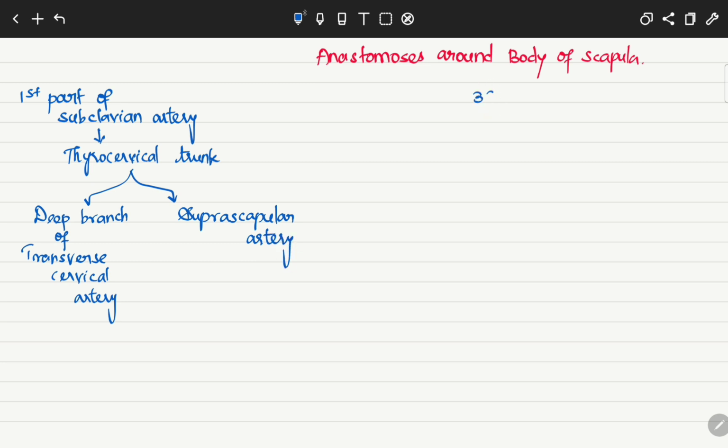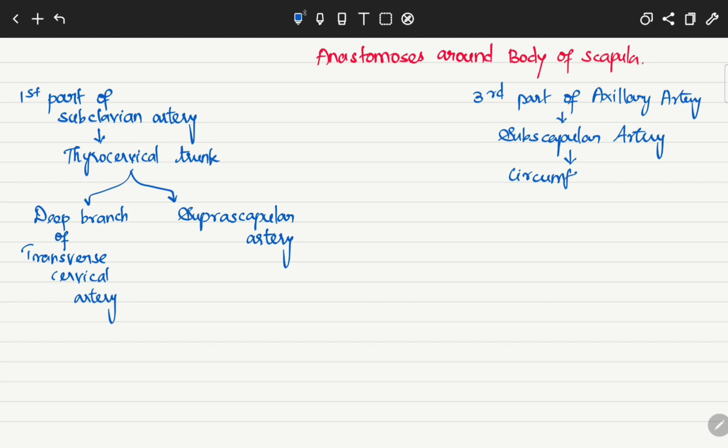And from the third part of the axillary artery arises a branch called the subscapular artery, from which the circumflex scapular artery arises.